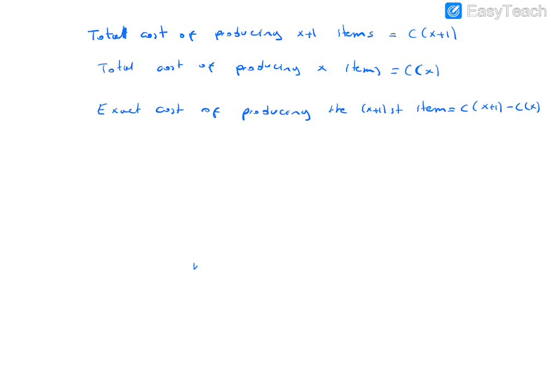So to find the approximate cost of the x plus first item, we can use the approximation using the differential. That means, for example, this is the cost function. Here, this is the tangent line at x equals x, at the point x.